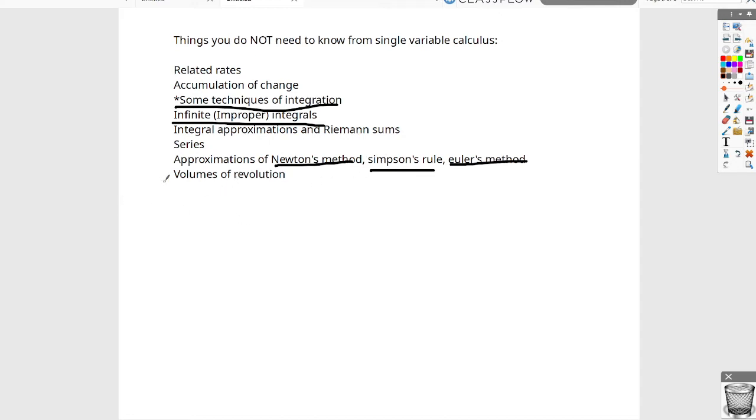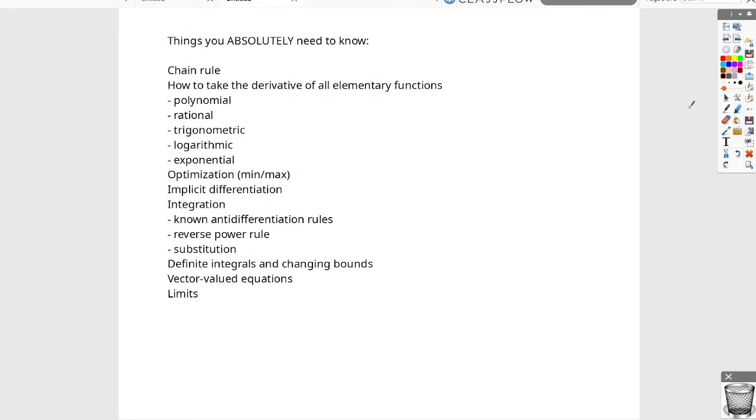And you don't need to know volumes of revolution, because we're going to be doing volumes of many other things that are a lot more complicated than just a volume of revolution. So I guess that kind of means that you should know what a volume of revolution is, but we're going to be taking a totally different approach. We won't have a preset formula. We actually will have to work out what we want to take the area of, take the volume of.